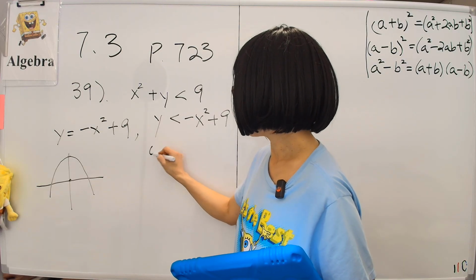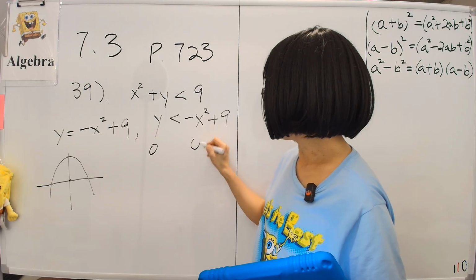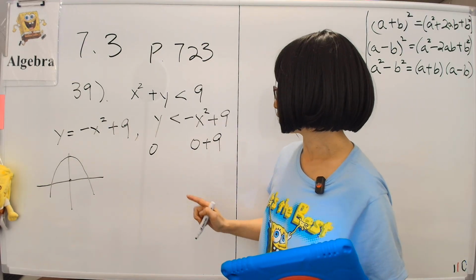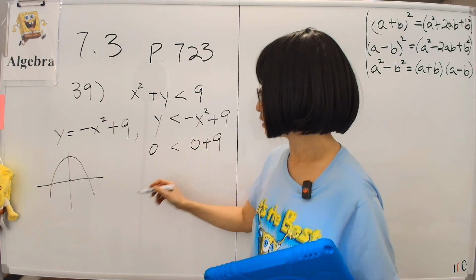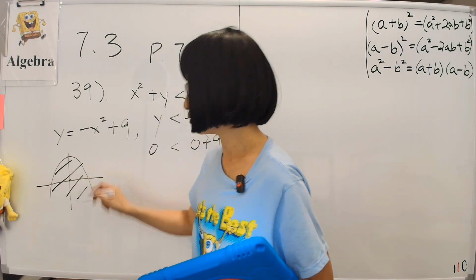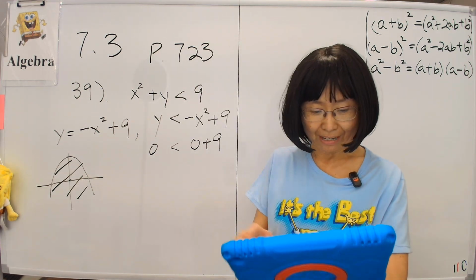So we have 0, and then 0 plus 9. What's the relationship between 0 and 0 plus 9? That would be less than. So this entire region would be the answer to our question, and that's the end of the problem. So that's how we do this type of thing.